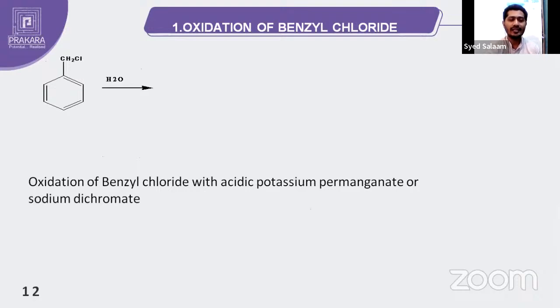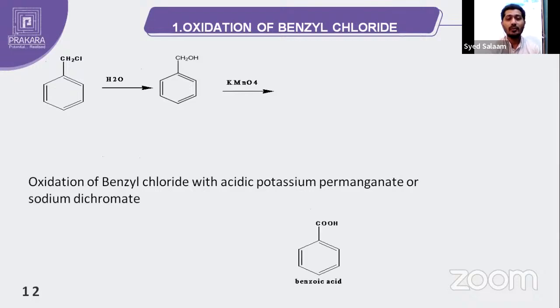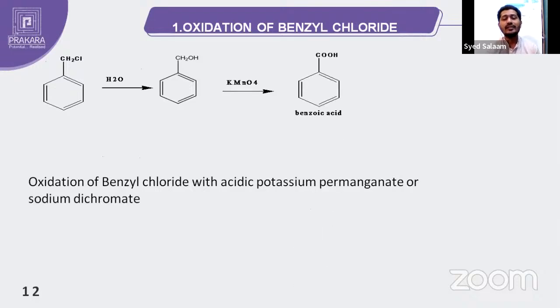When benzyl chloride gets hydrolyzed in the presence of water, it gives benzyl alcohol. This benzyl alcohol on reaction with potassium permanganate, a very strong oxidizing agent, gives us benzoic acid.